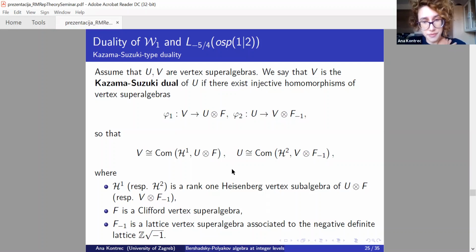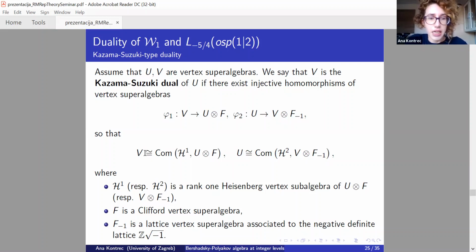Here, F is a certain Clifford vertex superalgebra, and F minus 1 is a lattice super VOA associated to the negative definite lattice, Z minus 1.